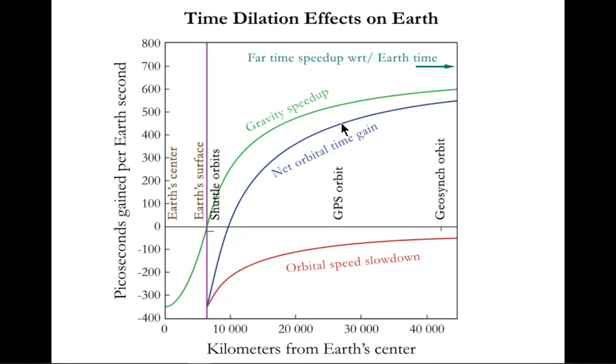And you notice that there's going to be some net time gain based on the relativistic effects. That's our purple curve here. And that net time gain is going to be what the clocks on the GPS satellites have to accommodate for, because timing is really important if you're trying to figure out position calculations for objects on the planet. Okay? And I got some connected videos we can talk about for why you would care about that. But the point is we have to care about relativity effects here.